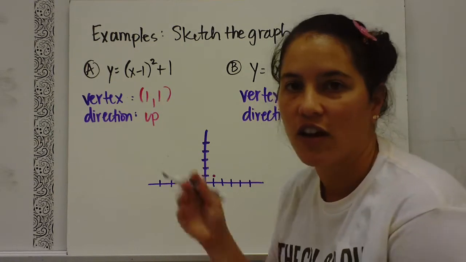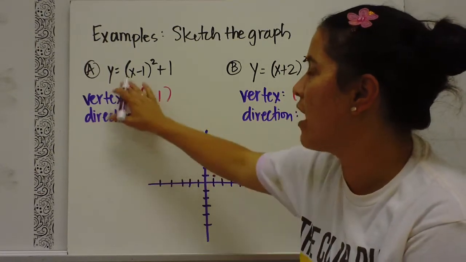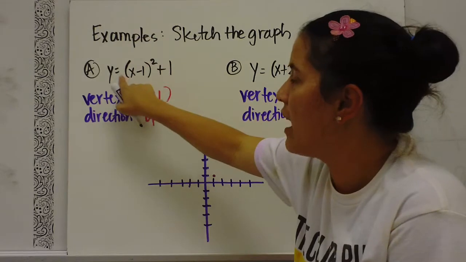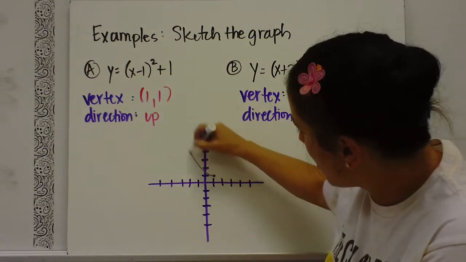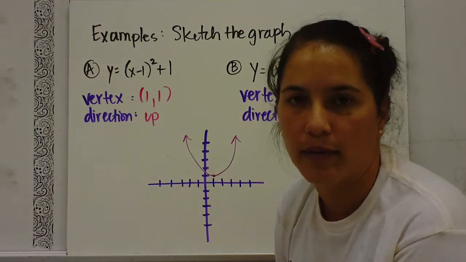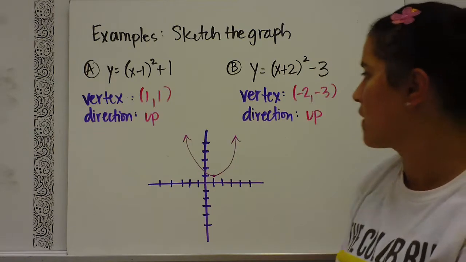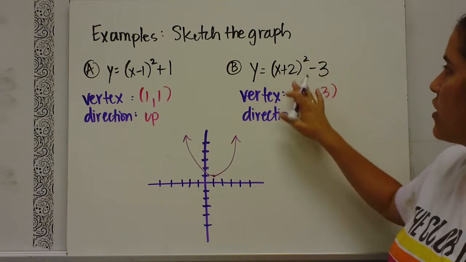That means that's going to be the point, either your maximum or your minimum. The direction is going up, because right here we have a positive a value in front of my parentheses. So I'm going to go up, and I'm just going to sketch the graph of a parabola. B, y equals the quantity x plus 2 squared minus 3.